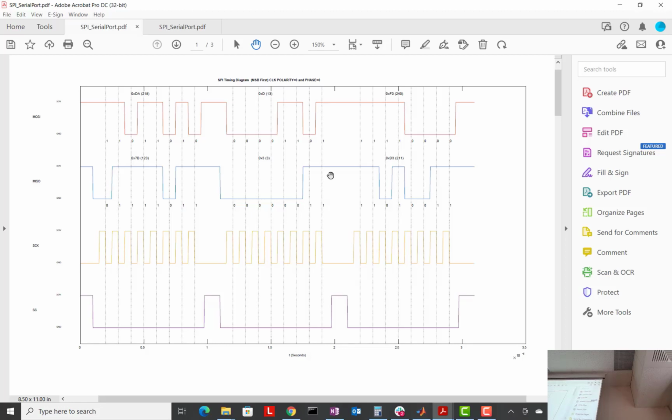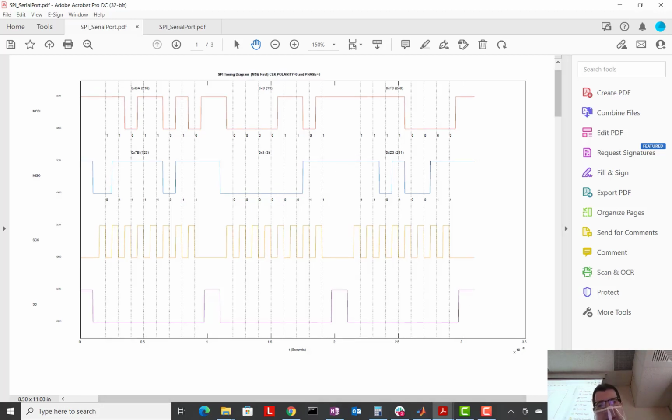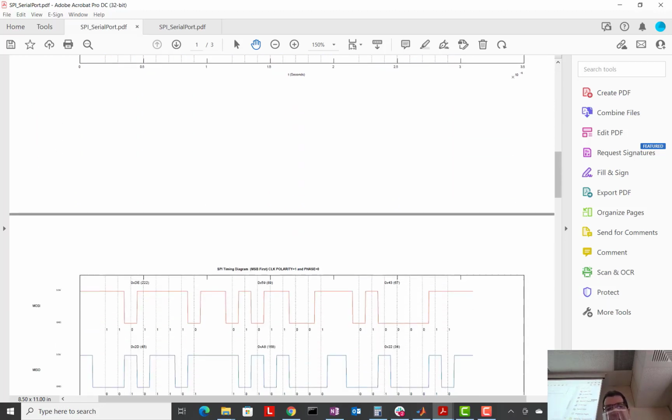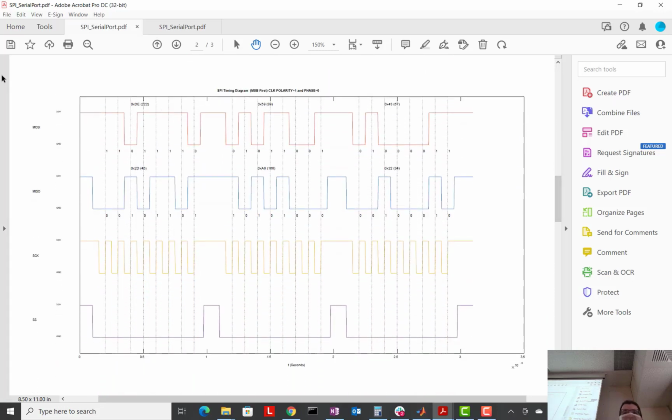Or, this is mode 0, right? Yep, mode 00, I'll explain that. Mode 00, or mode 01, where the clock is normally low, and you read and write data on the rising edge. So that's my dotted line right here to indicate that for you. Or mode 10, and so you have to look at the data sheet to figure out which mode your chip uses, unfortunately.